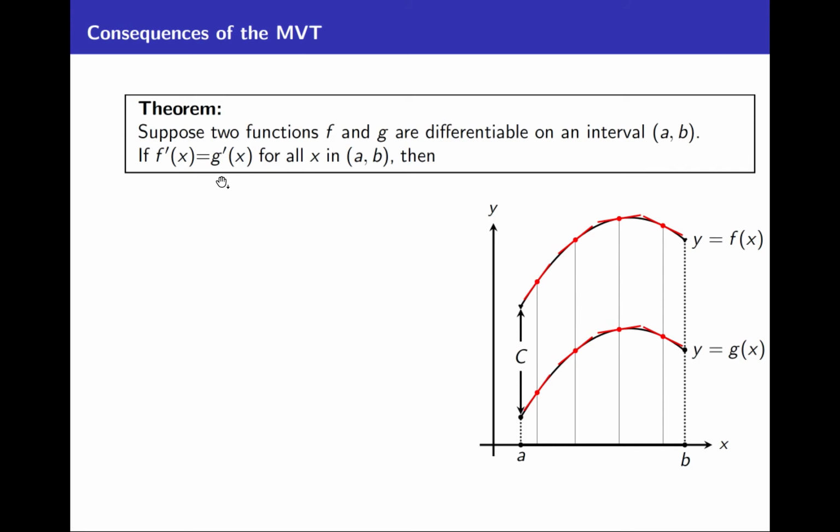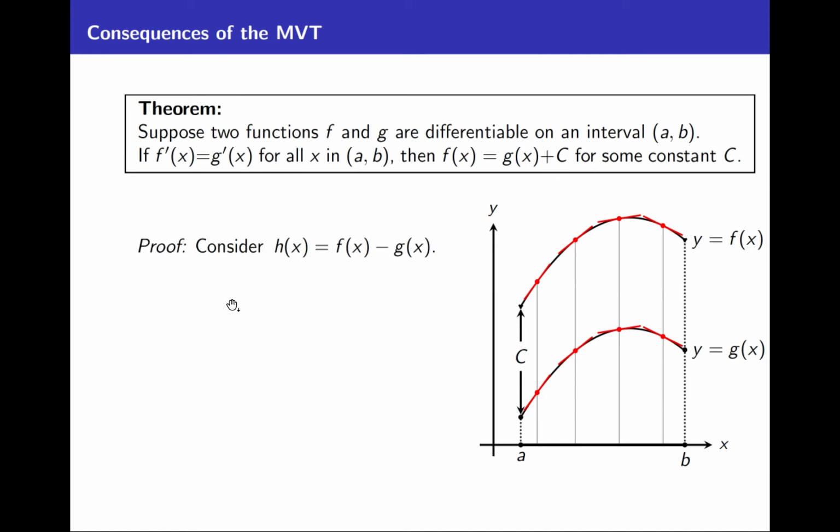You would surmise from this setup, just looking at this intuitively, that f of x has to be equal to g of x plus c for some constant. That's what this theorem says. If you've got two differentiable functions on an interval and their derivatives are equal on that interval, then one function is just equal to the other function plus a constant c.